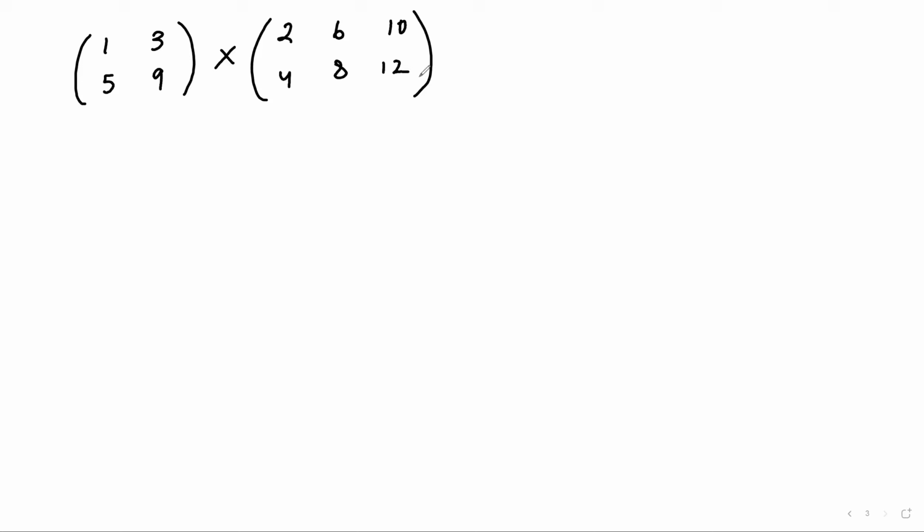Guys, can I multiply these two matrices? You sure? What is the number of rows and columns in the first matrix? It's 2 by 2. And what about the second one? 2 by 3. So I can actually multiply it. See?